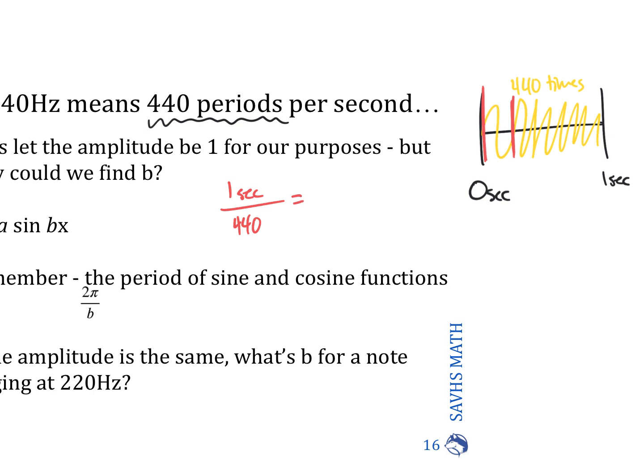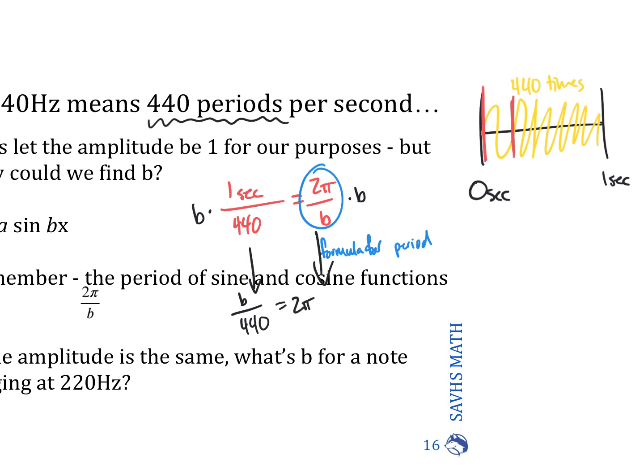And if our period is 2 pi over b, because this is our formula for period, then we can solve for b in this equation. So let's multiply both sides by b, and we get b over 440 is 2 pi. Okay. Then to get b by itself, let's multiply by 440.